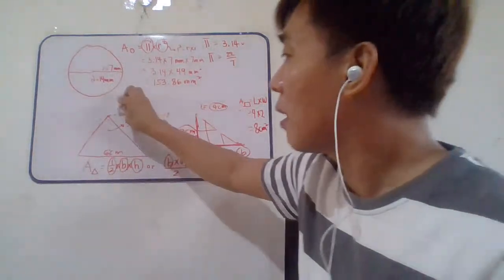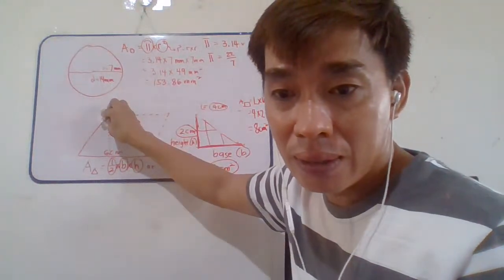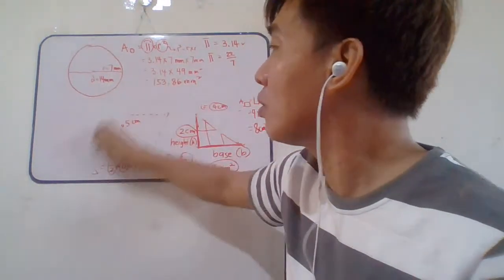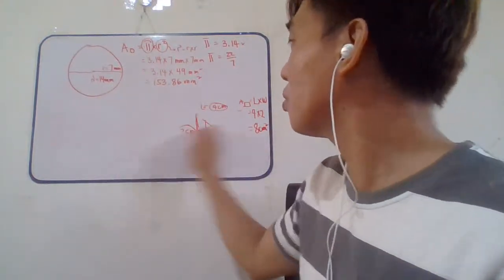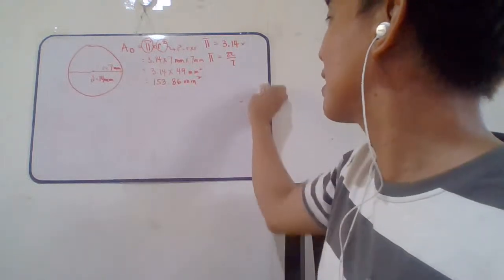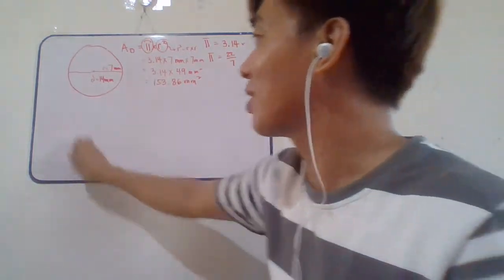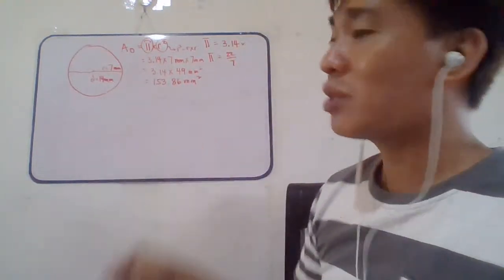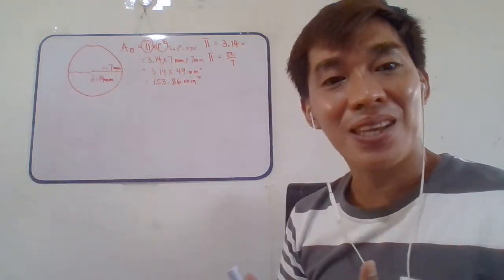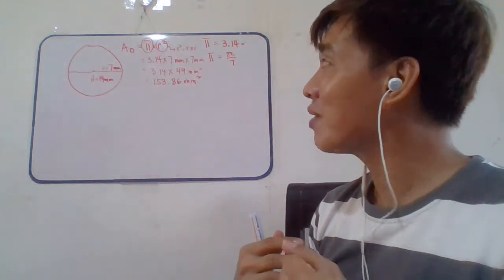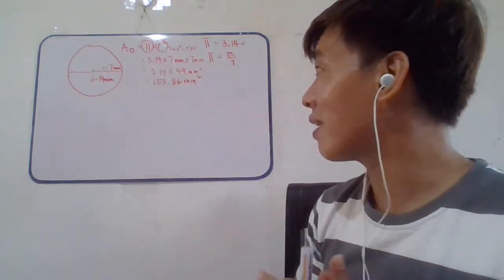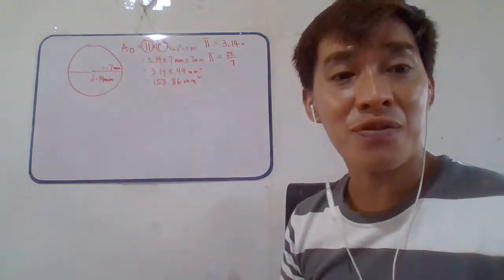So allow me to show you muna the formula for our circle. Allow me to show to you why the formula in solving the area of the circle is pi r squared. Where did it come from?